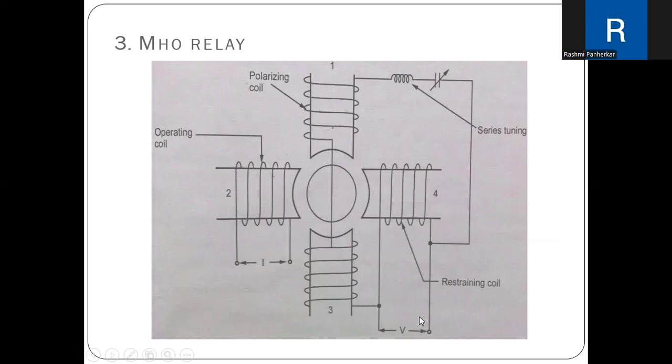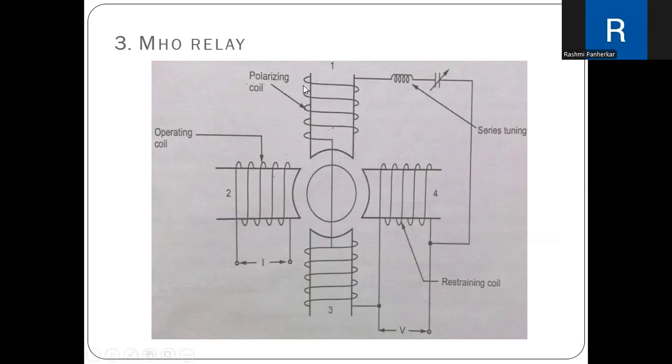If the measured impedance is lesser than the impedance at the reach point, then it is considered that the fault exists on the line between the relay and the final point.